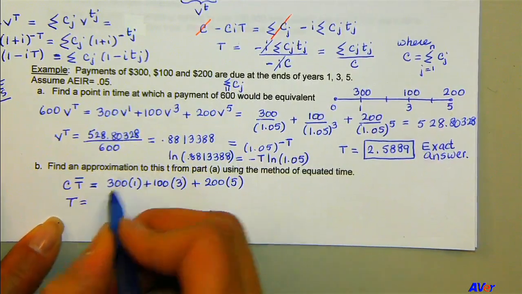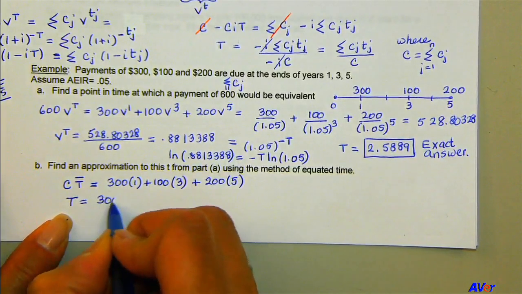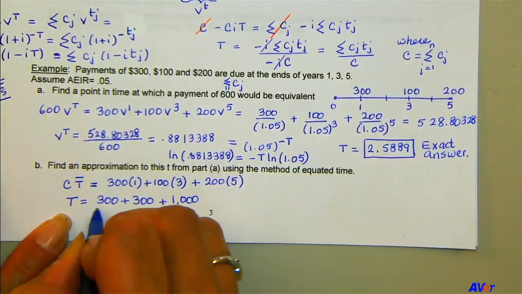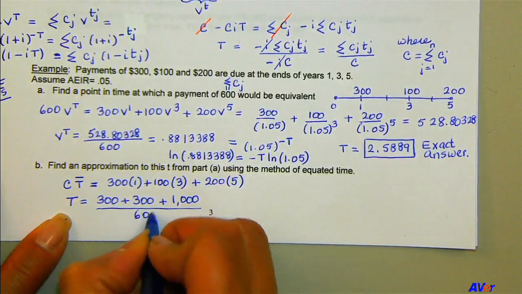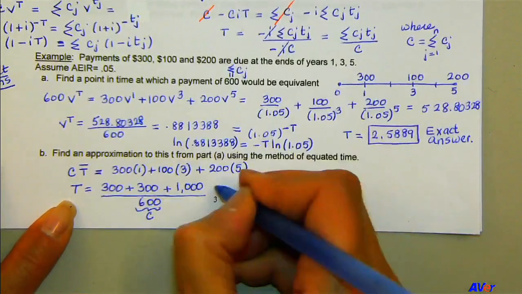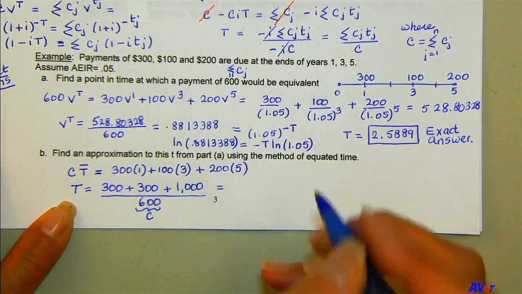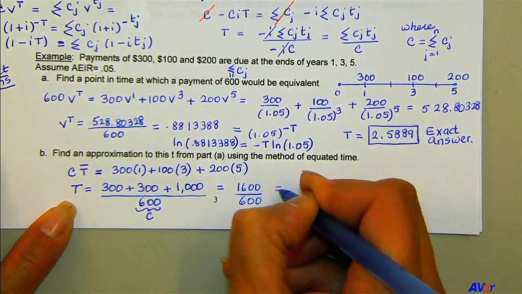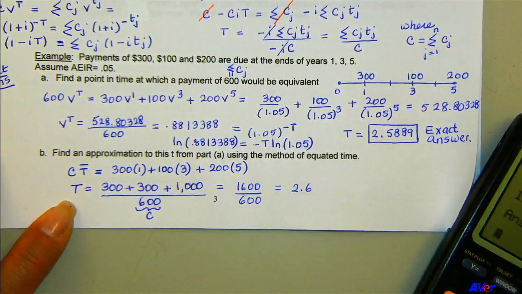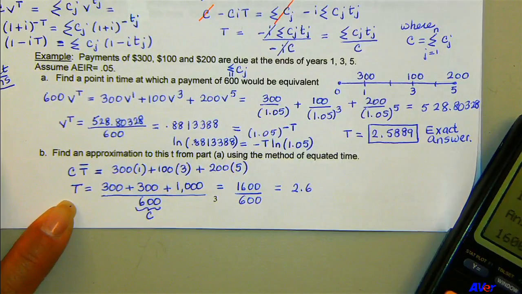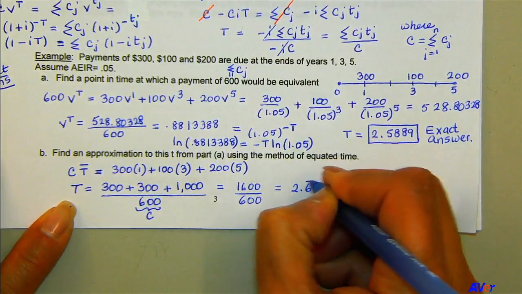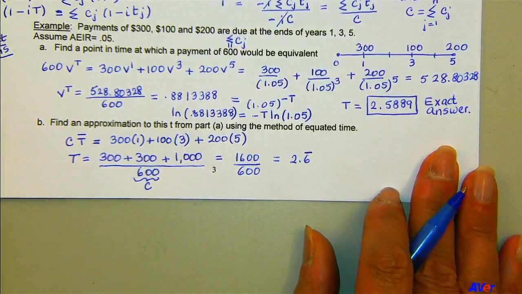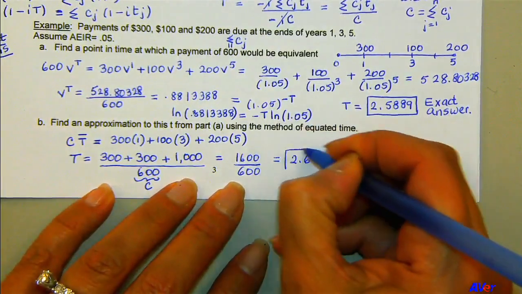So t bar equals 300 plus 300 plus 1,000 divided by c, which is 600. So what do we get? 1,600 divided by 600 equals 2.6 repeating. Done. So that took like a minute. That's the approximation.